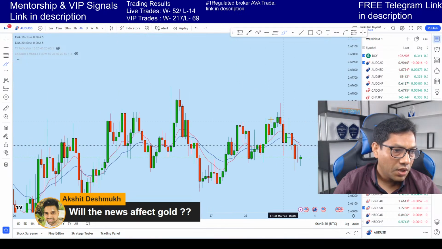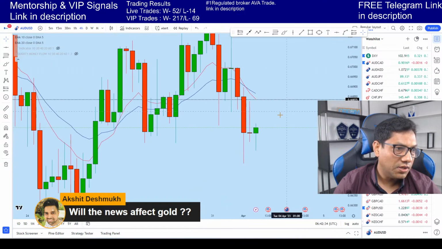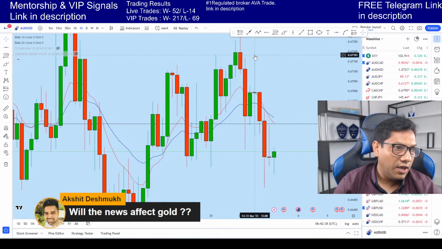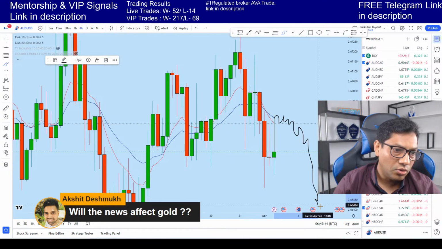Now from the lower time frame perspective on AUD USD, you can see the price is going up for a pullback. A drop has already happened. We can expect the price to test this level here and then to drop.